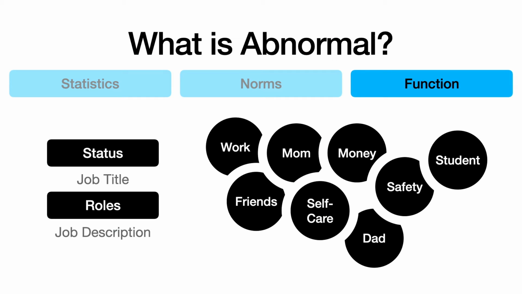Can you do these things, or does your behavior get in the way of these? And if the behavior does get in the way of these, then we would consider it abnormal. And so that's kind of the way that we approach the definition of abnormal within the field of psychology.